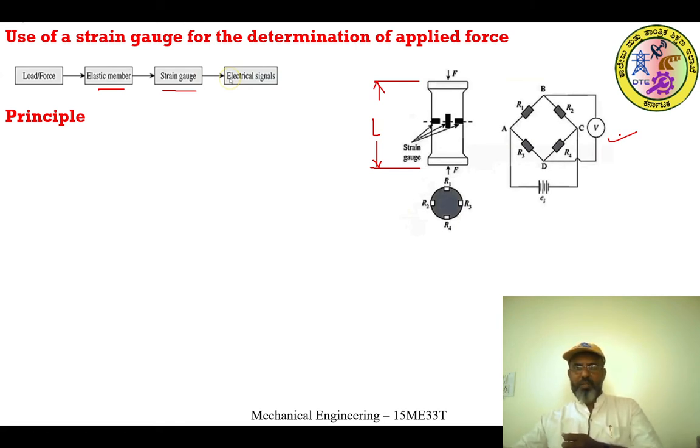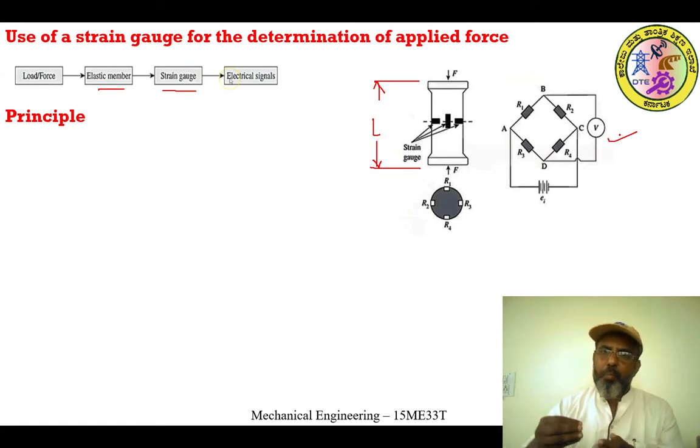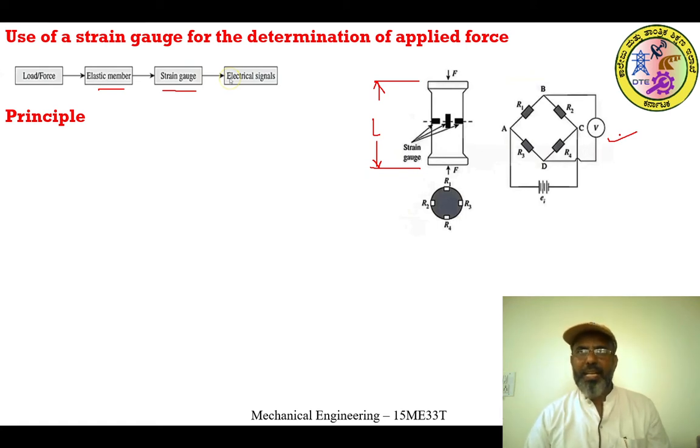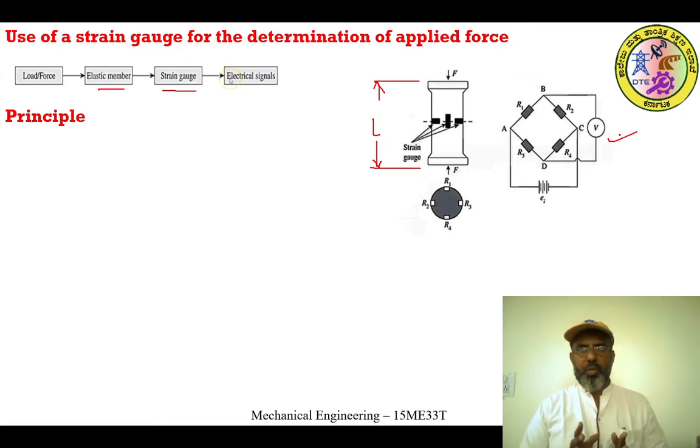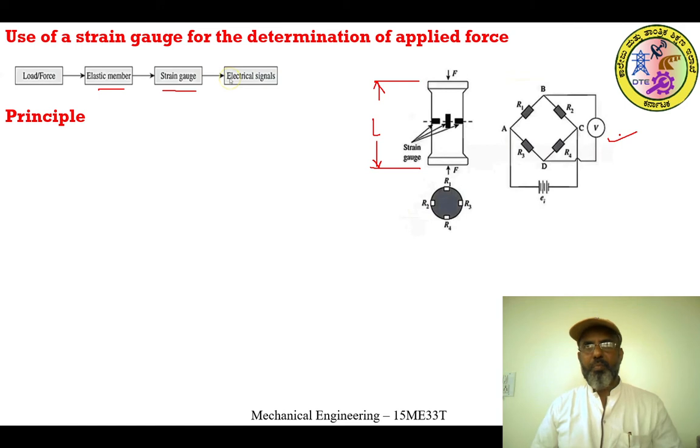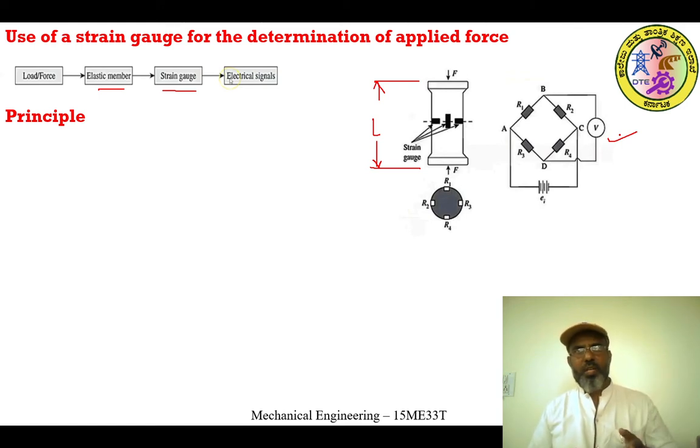This micrometer screw wheel gives the second reading. Therefore, you should remember the difference: in a secondary transducer we have two outputs, whereas in a primary transducer we have a single output.